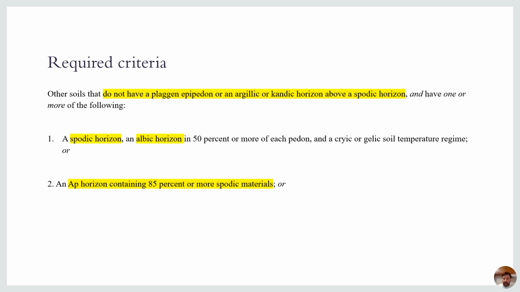Okay, why? Because the argillic and candic horizons in these specific cases will help us to identify and classify other soil orders. Okay, so if I find an argillic horizon and below this argillic horizon I find a spodic horizon, this is not a spodosol but could be, for example, an alfisol, another soil order that we want to know.